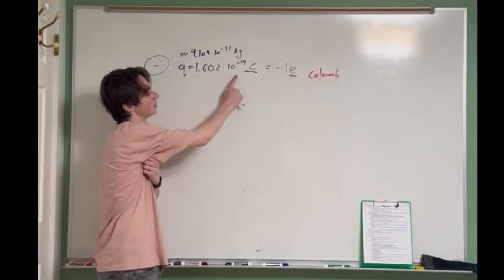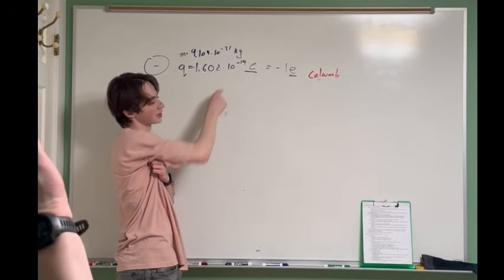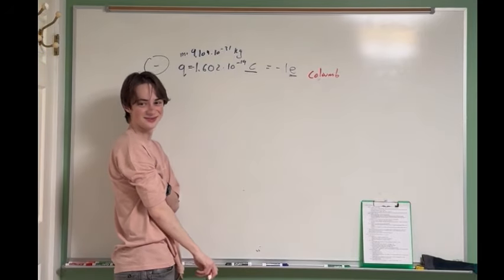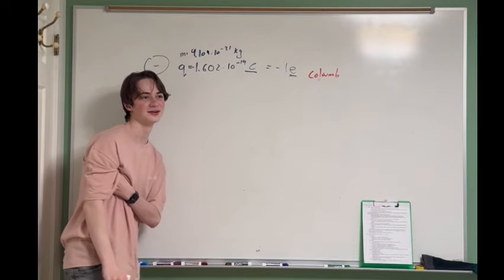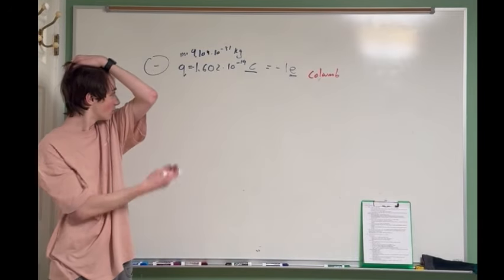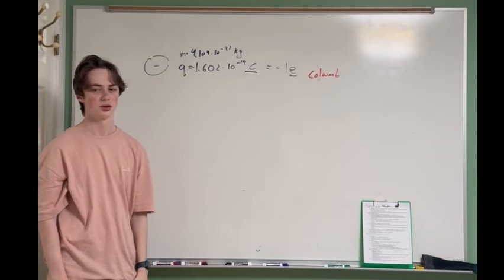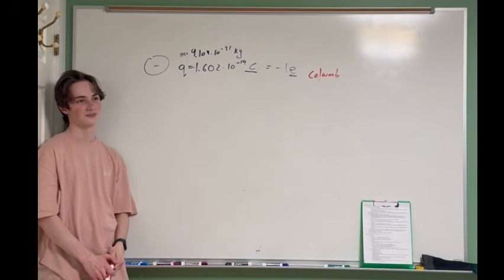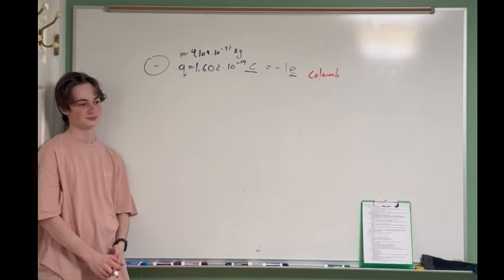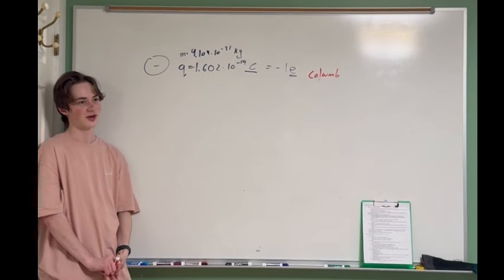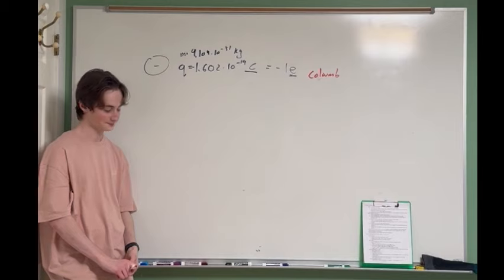Charge is a fundamental property just like mass, so you can't really break it down. A coulomb is the charge that a 1 ampere current carries in 1 second. That's not really helpful, because that's sort of defined based on the same thing.